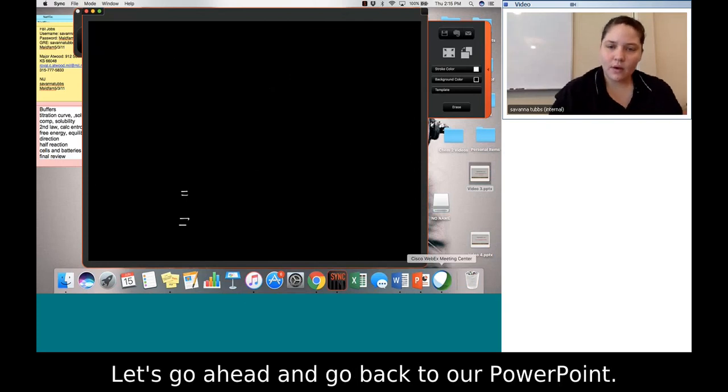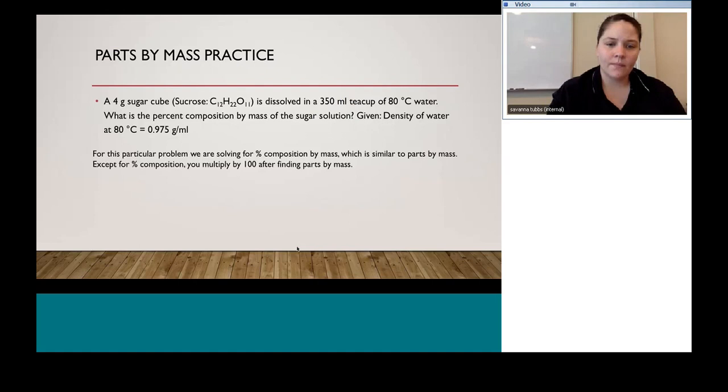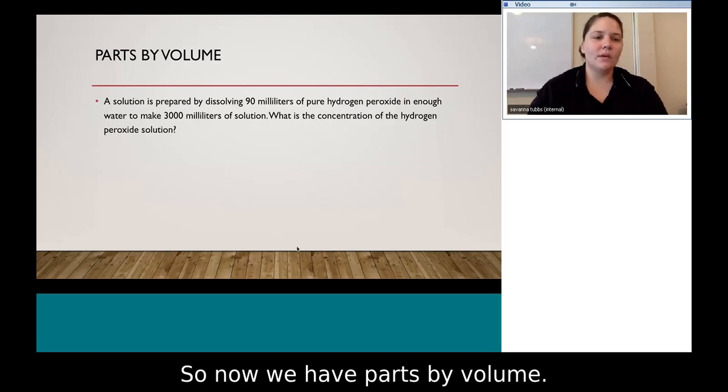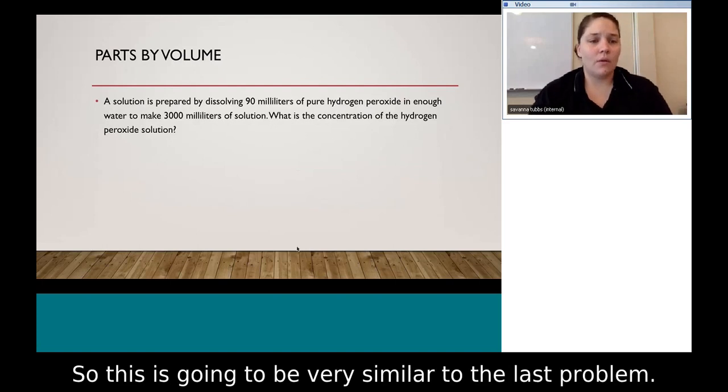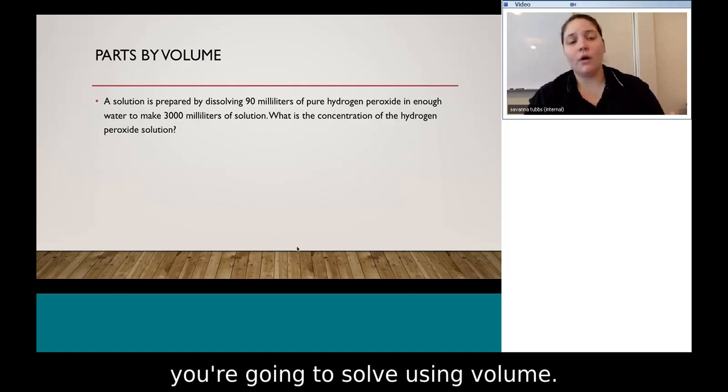Right, let's go ahead and go back to our PowerPoint. All right, so now we have parts by volume. So this is going to be very similar to the last problem. However, instead of solving using mass, you're going to solve using volume.